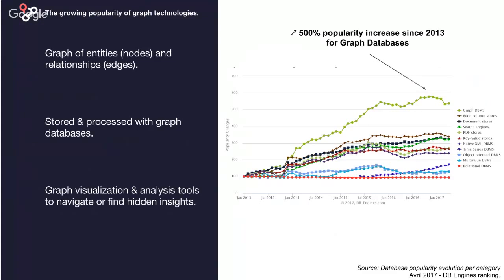It is the fastest growing database category in the market, with vendors like Neo4j or DataStax. But storing and processing the nodes and edges is not enough. What you want as an enterprise architect is to be able to use a graph visualization solution like Linkurious to go further, and to analyze and find insights in your data.